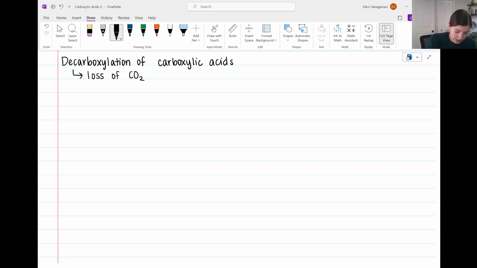So the general scheme, we of course start with a carboxylic acid. And carbon dioxide is produced along with the carbon chain bonded to a hydrogen.